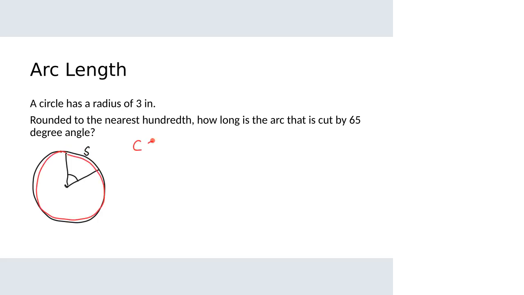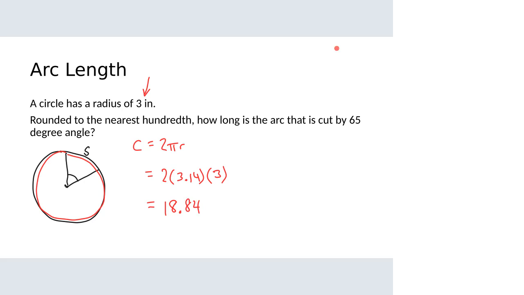So we'll find that first. Circumference is 2 pi r, and our radius here is 3 inches. So that's 2 times 3.14 times my radius, which is 3 inches. So our circumference, 2 times 3.14 times 3, is 18.84. It'd be inches, but we could go with 18.84 for now.